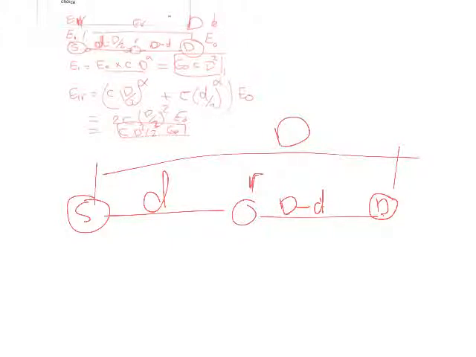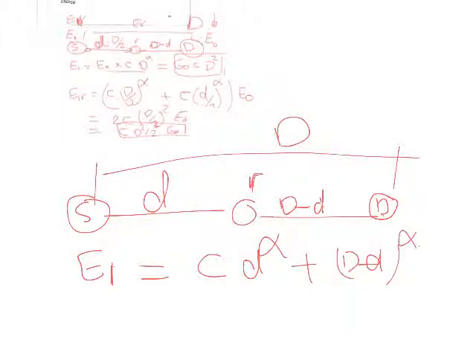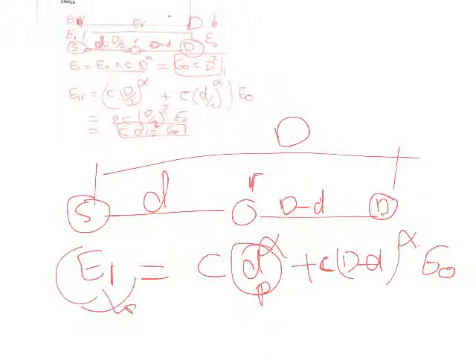Get the E1 as a function of this, which is of course C d to the power alpha plus D minus d to the power alpha, times E. What is d that makes this energy minimum?